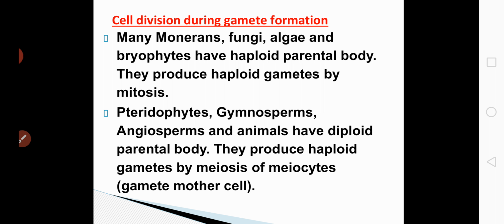But in pteridophytes, gymnosperms, angiosperms and in some animals, they have a diploid parental body. That means for the formation of gametes, it requires meiosis. So if the parental body is haploid, then it undergoes mitosis for the formation of gametes. But if the parental body is diploid, then it undergoes meiosis to produce the haploid gametes.